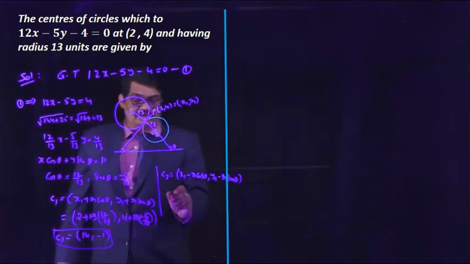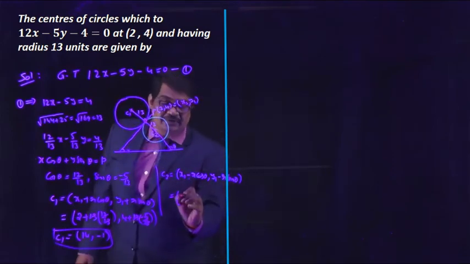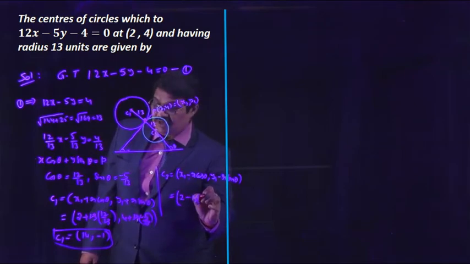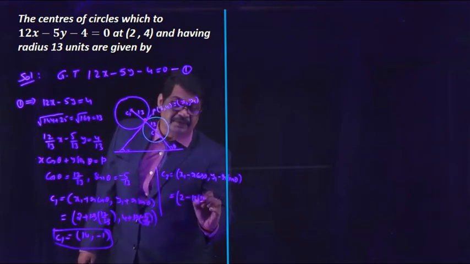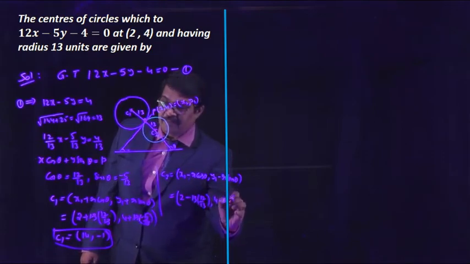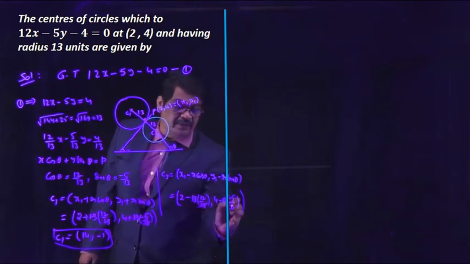And C2, the coordinates of C2: x1 is 2 minus r, 13, times cos theta, 12 by 13, comma y1 is 4 minus 13 into minus 5 by 13. 13 will cancel.